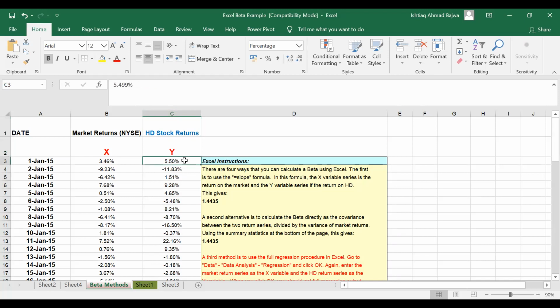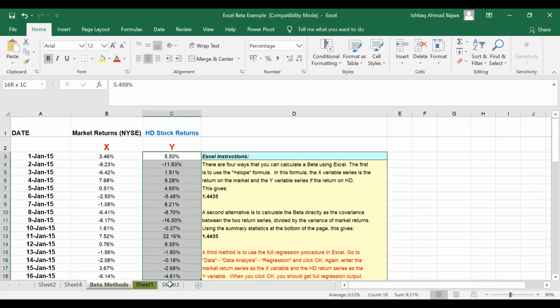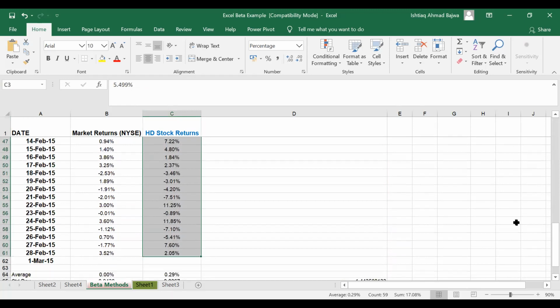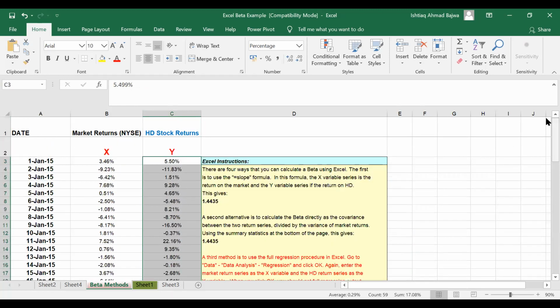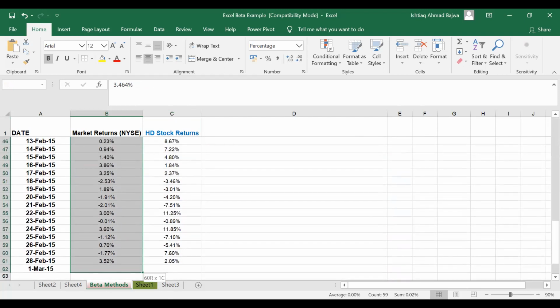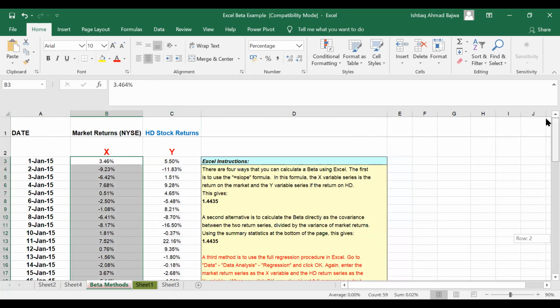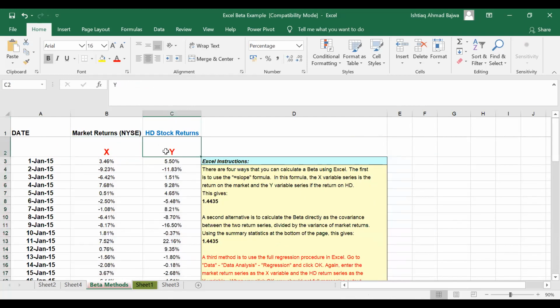And this is their stock return for 2 months somewhere in 2015. It is just an example, so any data will be useful. Since that company is in the New York Stock Exchange, side by side we also need the New York Stock Exchange return for the same dates. So both the returns are available with us.